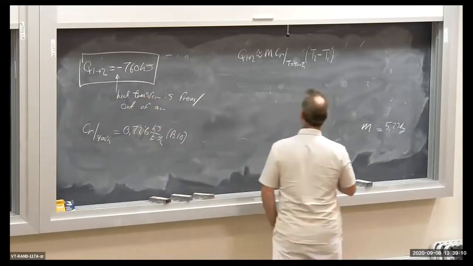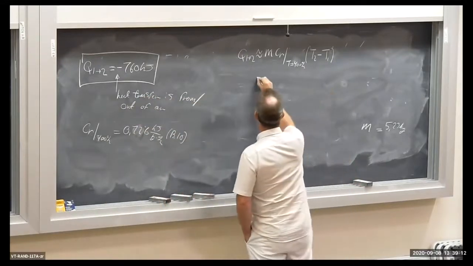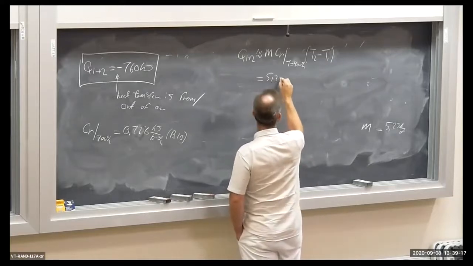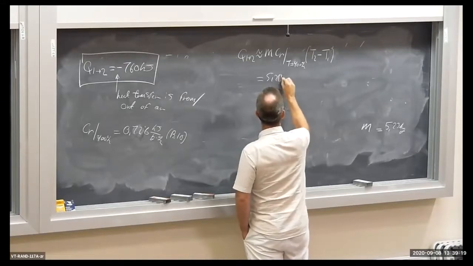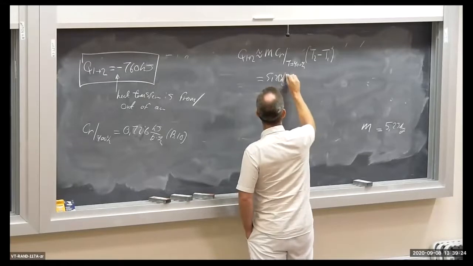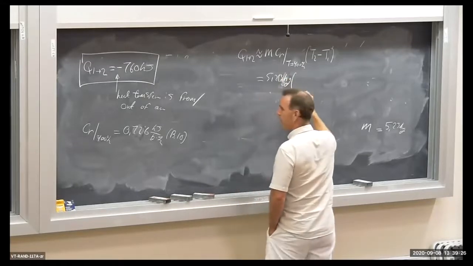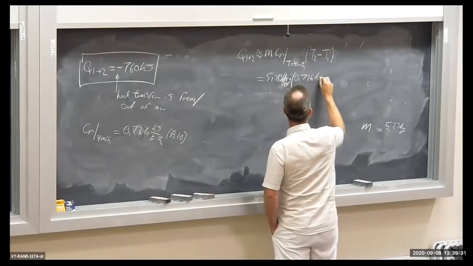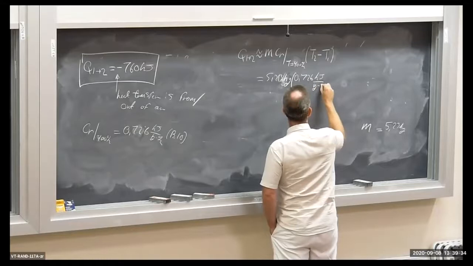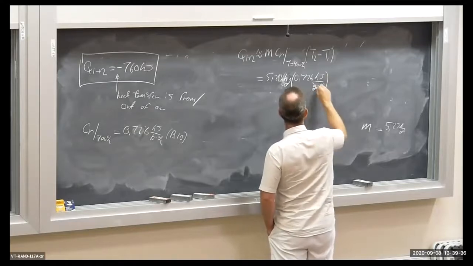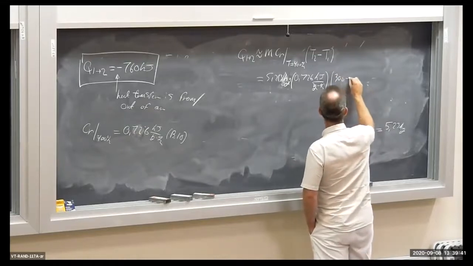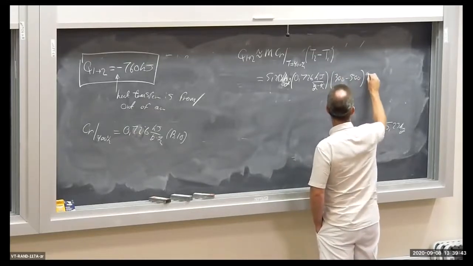Okay, let's plug in. The mass was 5.23 kilograms. Specific heat evaluated at 400 degrees was 0.726 kilojoule per kilogram degree Kelvin. Notice the kilograms cancel out. And then I've got delta T, which is 300 minus 500, and that has units of Kelvin.